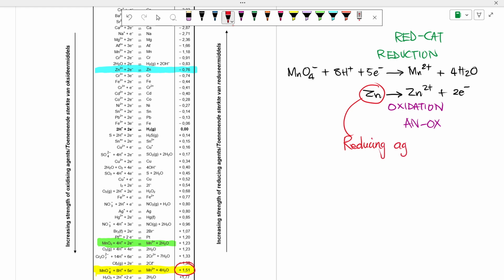And now for the oxidizing agent, do we pick this one or this one, or is it both? I think you're picking the first part.